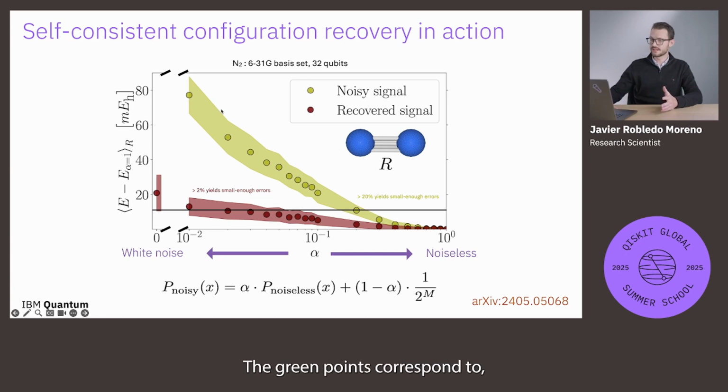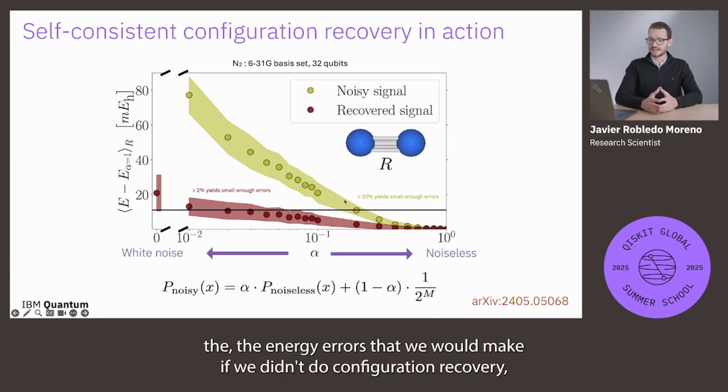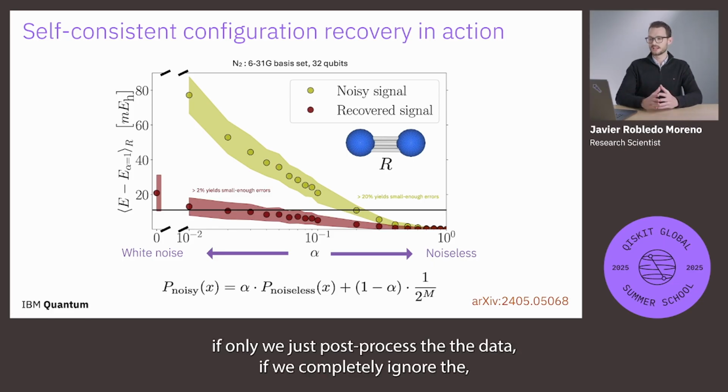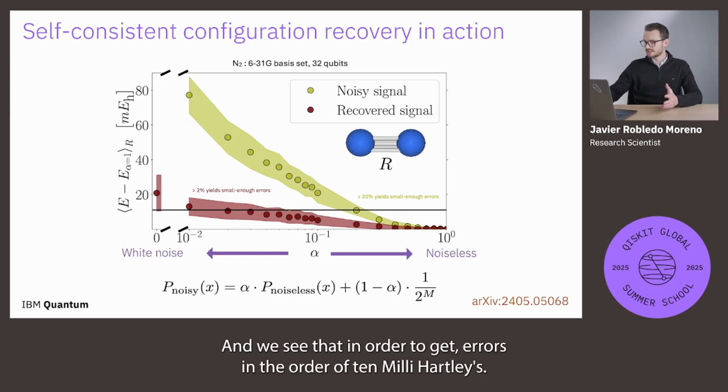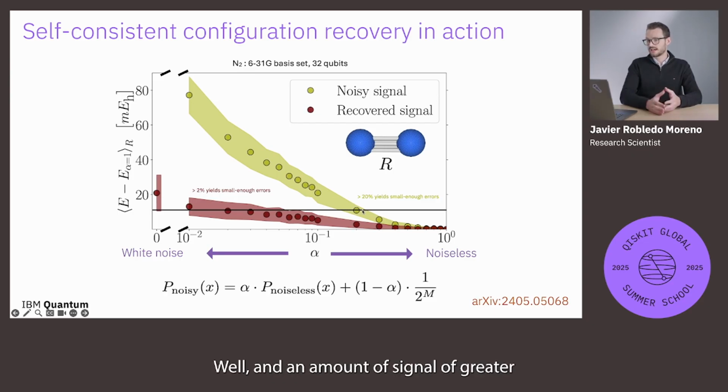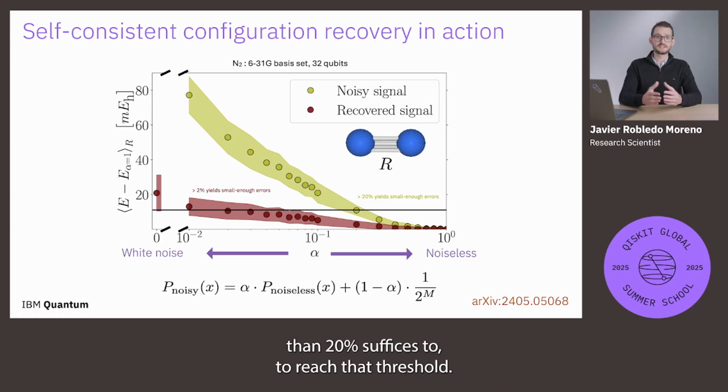The green points correspond to the energy errors that we would make if we didn't do configuration recovery, if we just post-process the data, if we completely ignore the electronic configurations that came with the wrong number of electrons. And we see that in order to get errors in the order of 10 millihartree, an amount of signal of greater than 20% suffices to reach that threshold.